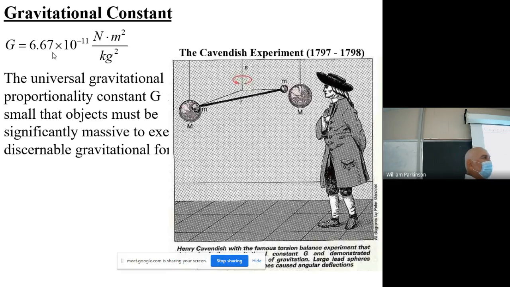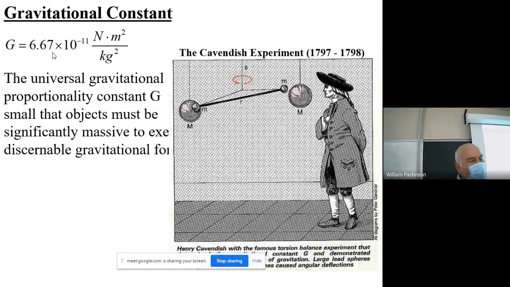And he could measure the torque, which is the turn that occurred. It took him, as you can see there, a couple years to do this exact enough to get enough pull from a ton rock onto another ton rock so that he could actually measure the value of G. So it was a very clever experiment, one of the hallmark experiments of the late 1700s.